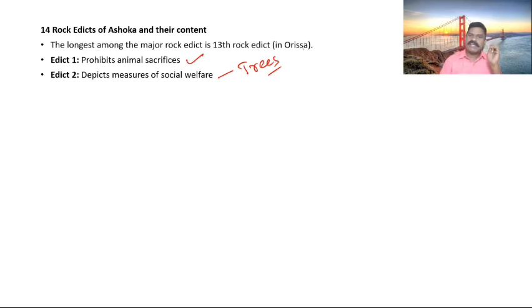The second major edict also gives information about the South Indian rulers like Pandya, Chera, Chola, and Satyaputra.